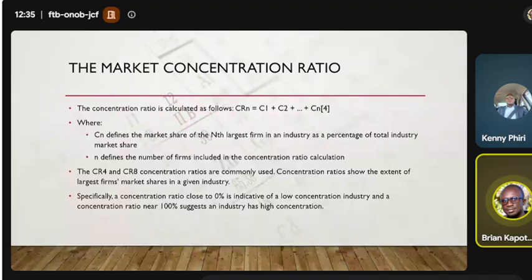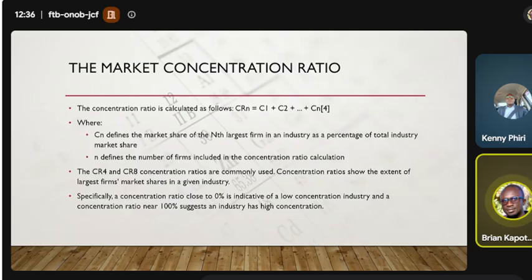So you start by ranking the firms from the largest to the smallest based on market share. Then you select the top firms, which are the ones that have the largest share, and then you add their market share together.